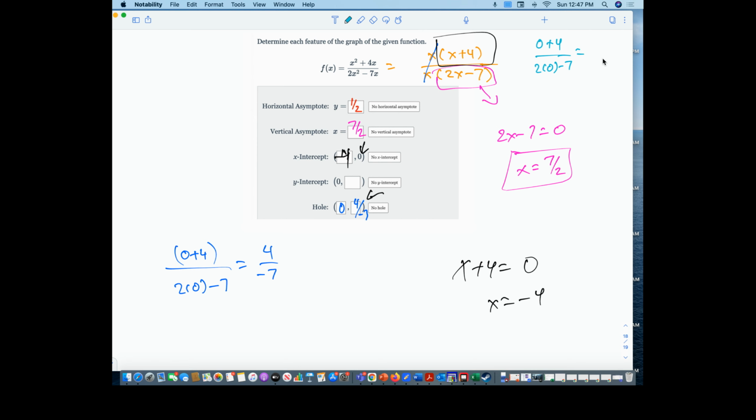So if x is 0, we're getting negative 4 over 7, which we're saying is a hole. So it seems to me that because the hole is at x = 0, there is no y-intercept.